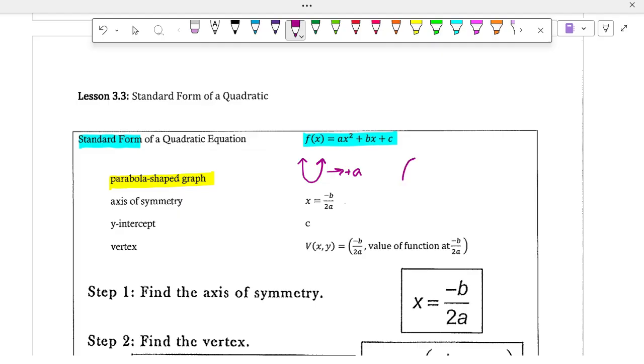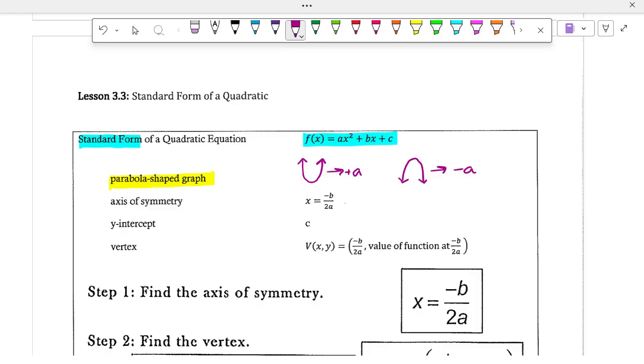If it's facing downward, that means our a value is negative. All right, so just by looking at the a value of our standard form, determining whether it's positive or negative, we can figure out what shape our parabola looks like, whether it looks like an upside down U or a U.